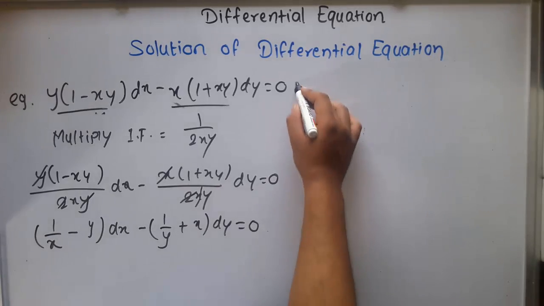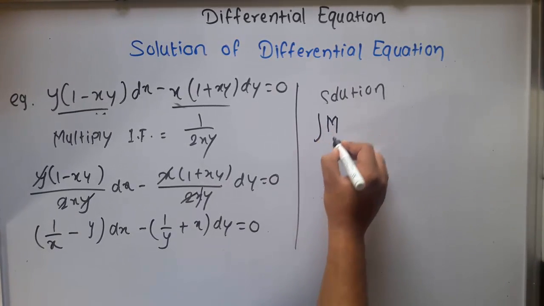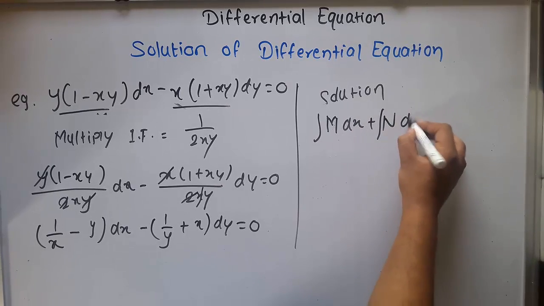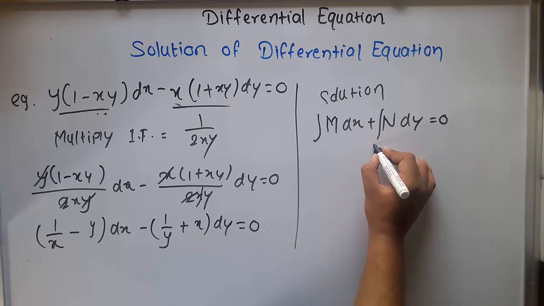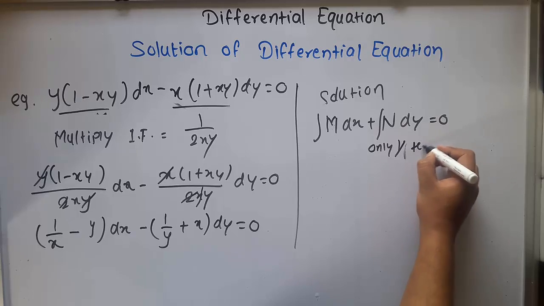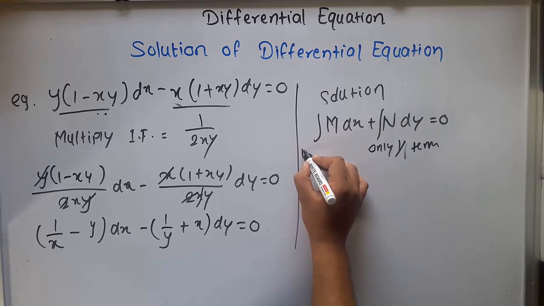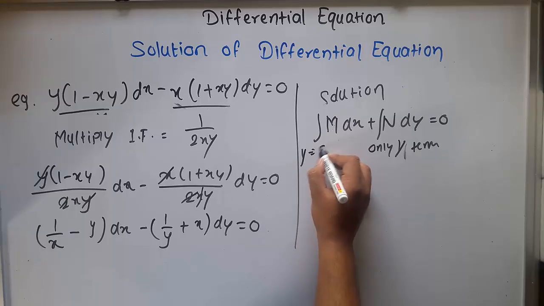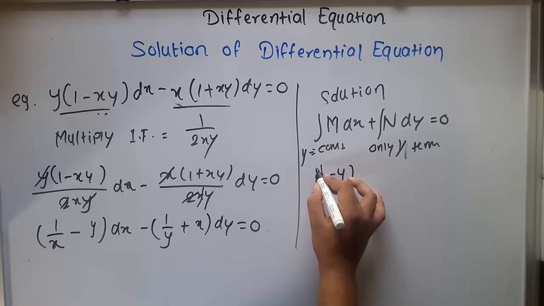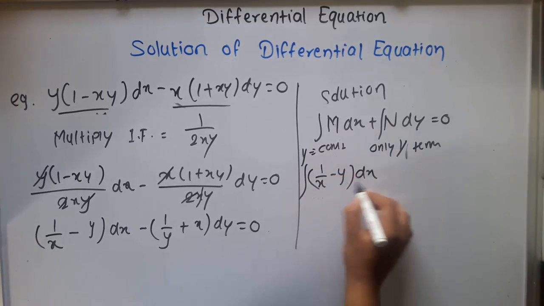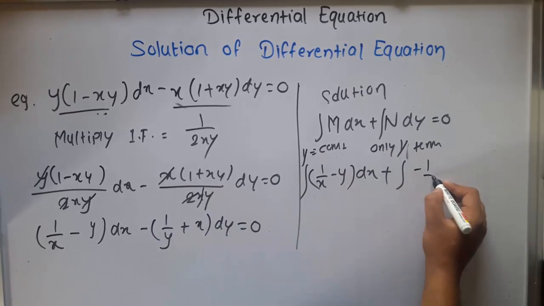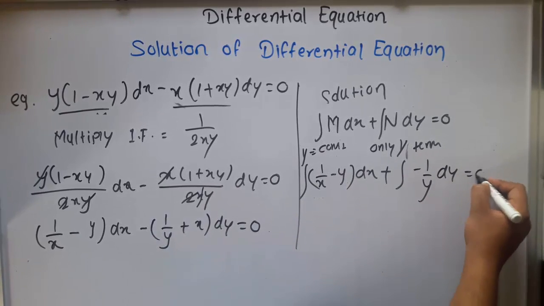Now the solution is the integration of M dx plus N dy equal to 0, but here we take only the y term, and here y equal to constant. M we take as 1 by x minus y dx plus integration of only the y term, so that will be minus 1 upon y dy equal to 0.